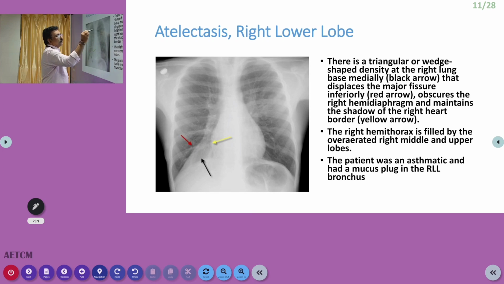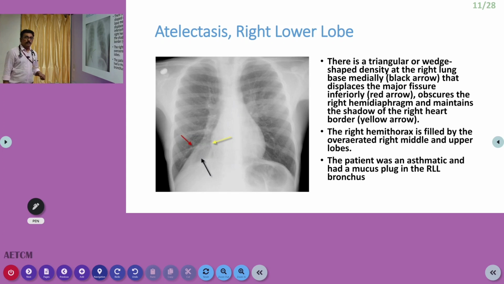Suppose this is your main, major bronchus. There is a lymph node or tumor here that obstructs the main bronchus. This part of the lung will collapse. When it is collapsed, there is a vacuum. The heart may move to this side, and the diaphragm may move upwards. So that is called atelectasis.